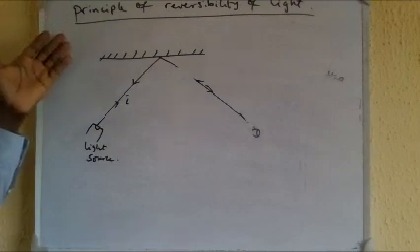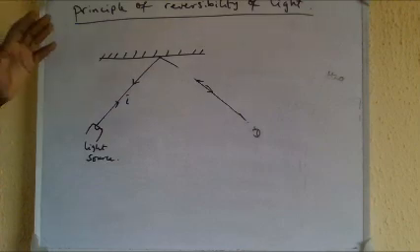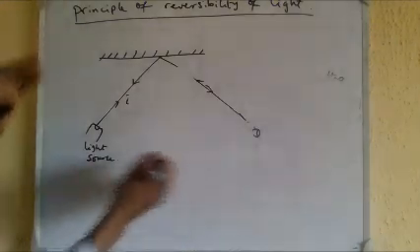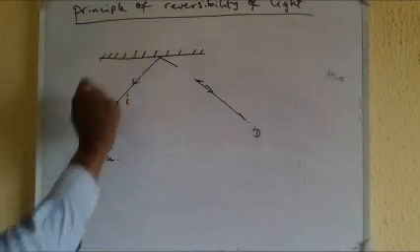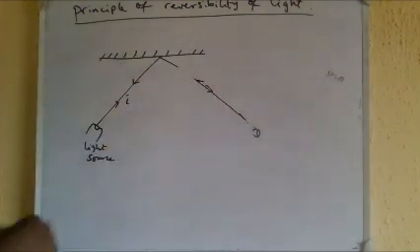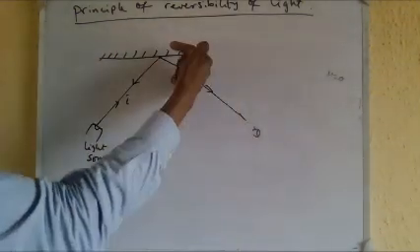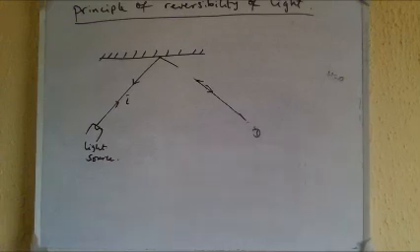It states that the path of a light ray is reversible. This is easily seen when we consider reflection in this mirror. When it's incident here, this becomes the reflected ray, and when it's incident here, this becomes the reflected ray.